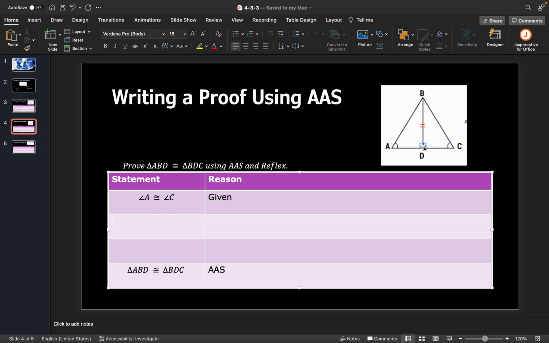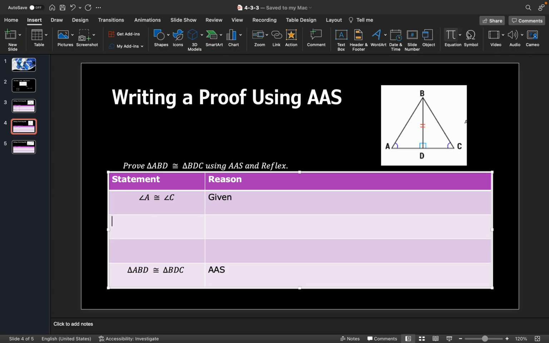Angle D is congruent to angle D. I might call this angle D and angle D prime. I could use three letters. Why don't we use three letters? I'll say angle ADB. That way it makes it different from the other one because I really am referring to two different angles.